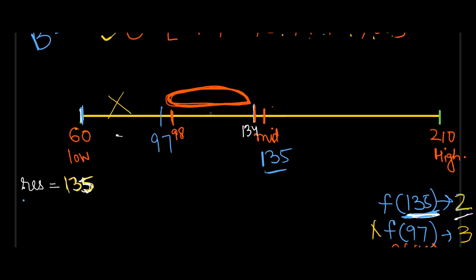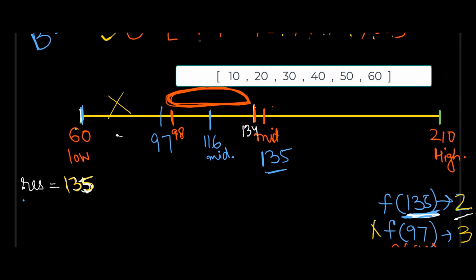Let's check it out. Here we will have 116 as mid. So 10 plus 20, 30 plus 30 will be 60, 60 plus 40 will be 100, 100 plus 50 will be 150, which is exceeding 116. So we'll take this 100 for one painter, then 50 plus 60, which is 110, is smaller than 116.